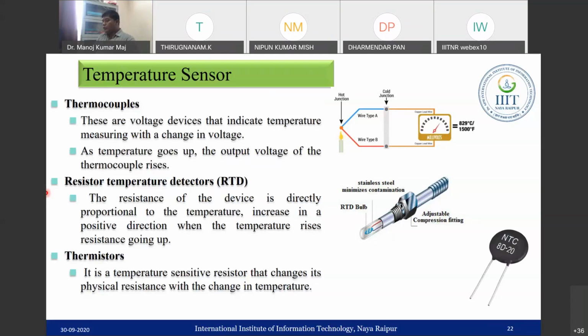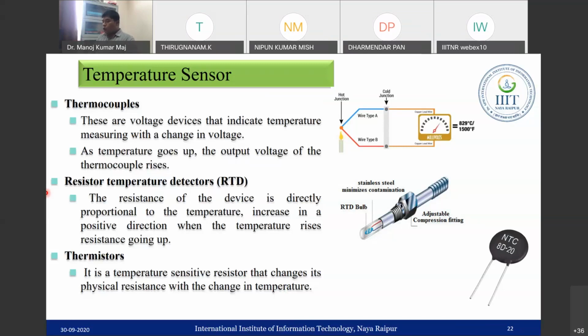So whenever a temperature change happens, their expansion can be different, and that's why we have a different voltage value, and that voltage value can be sensed by the temperature sensor.